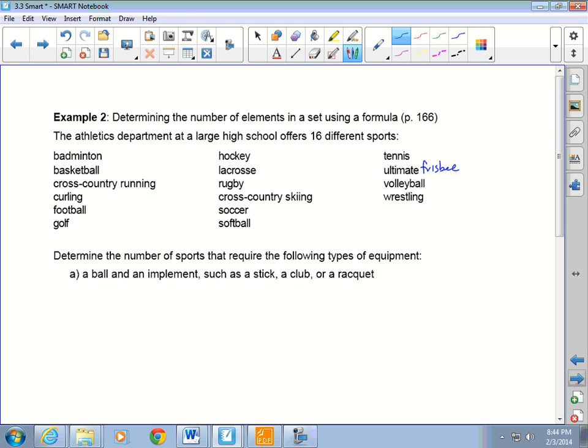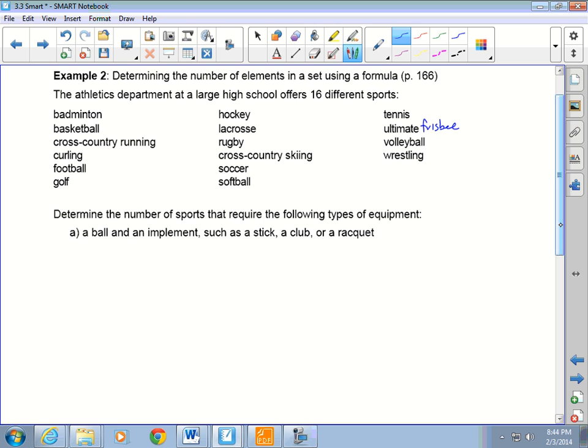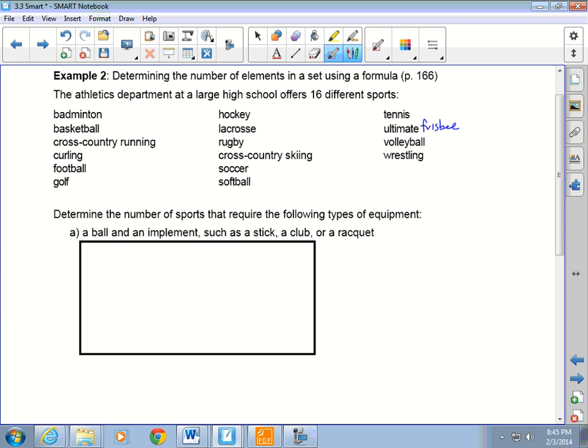So what we need to do then is draw our Venn diagram. I'm going to have one set here and one set here.